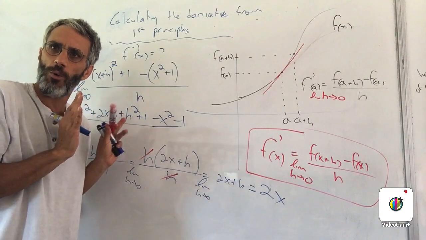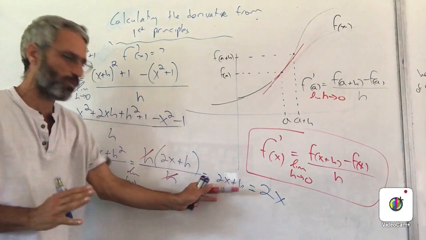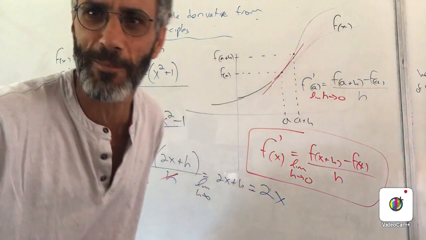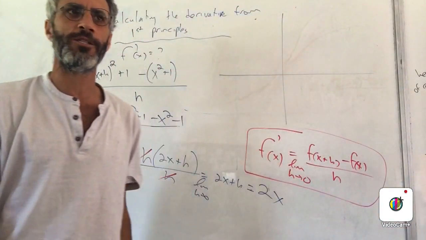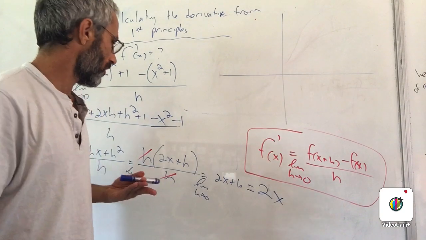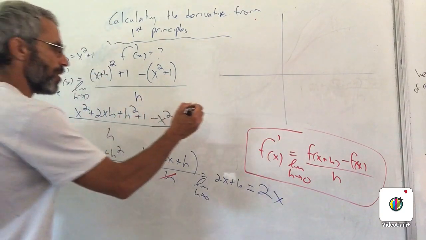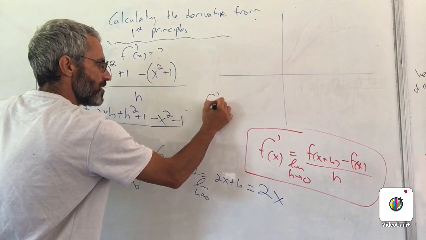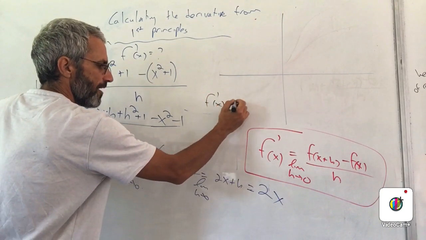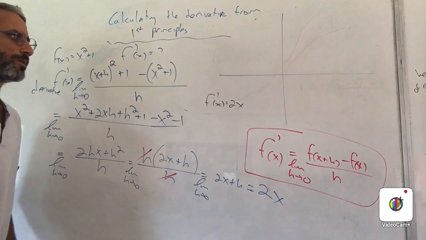Okay, first of all, I want you just to see if you understand why I got 2x, and then we'll try and understand what that means. I think you all understand the mechanics of what I've done, but I don't think you understand. I'll write down the answer here, by the way. So the derivative, what you need to write, the derivative of x squared plus 1 is 2x. Okay?